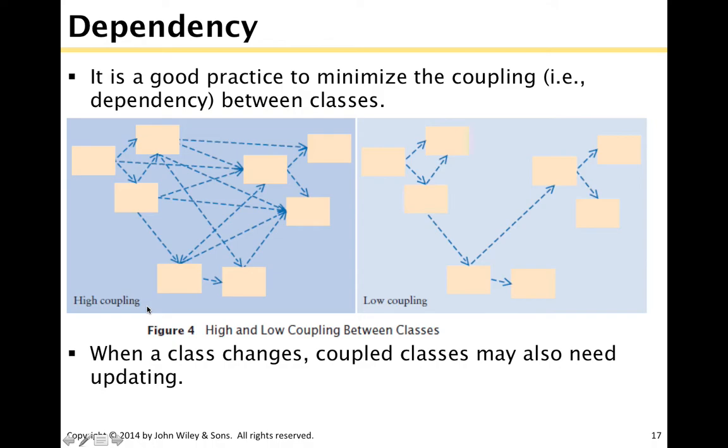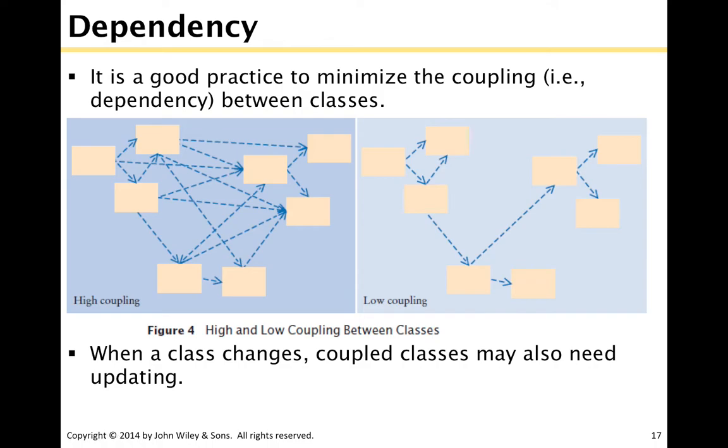If you draw a full UML diagram with dependencies, as you can easily see, the left one is not good design because there are too many dependencies. So minimizing dependency as much as possible is good design. The reason is that if you have high coupling, which is dependency, then if you change one, all dependent ones should be changed as well.